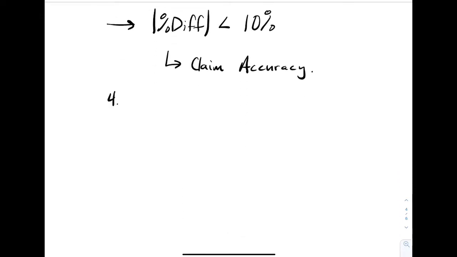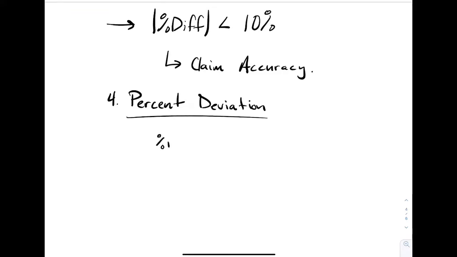Finally, the last calculation we would like to do is a percent deviation. The percent deviation equation is equal to the standard deviation divided by the mean times 100%. So that would give us the percent deviation.